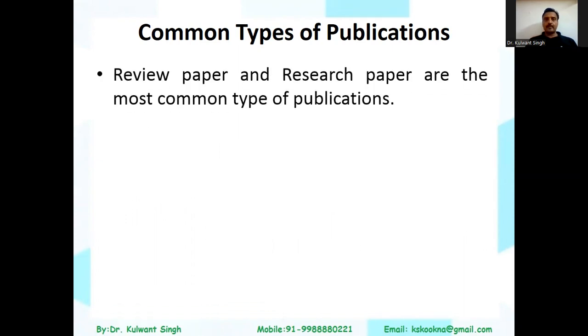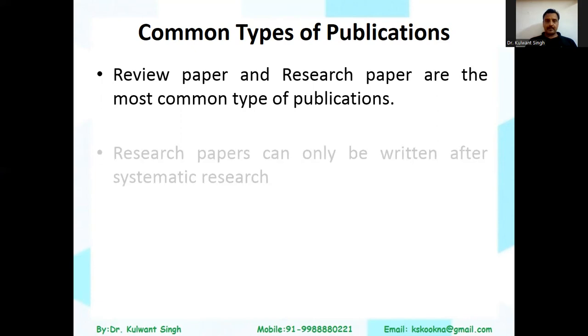Generally, research papers as well as review papers are the most common types. There are so many others, but the common types are the review paper and the research paper.